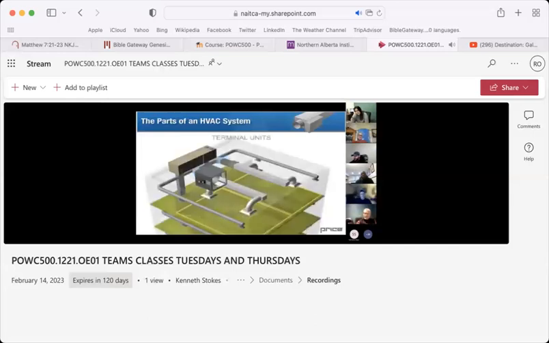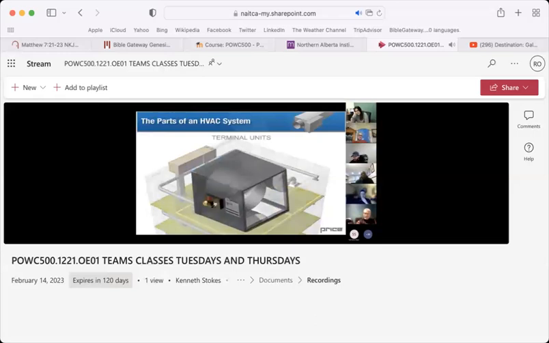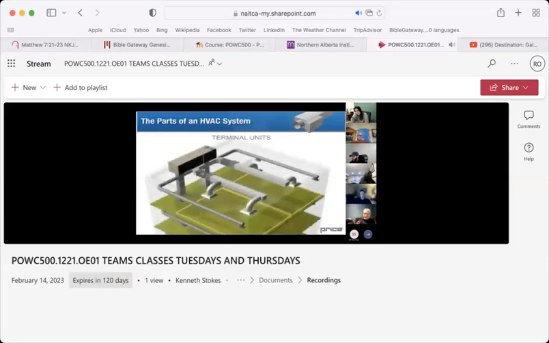A terminal unit is a device that uses an automated damper to control the amount of air which is delivered to a room or region. The damper is typically controlled by an electric, pneumatic, or digital actuator, which in turn is regulated by a thermostat. A set of adjacent rooms or regions in a building which have identical heating and air conditioning needs are called a zone.